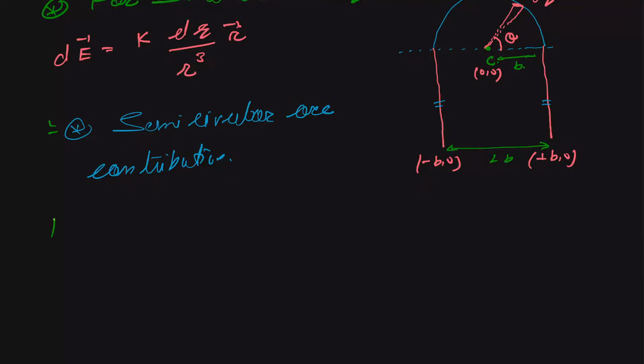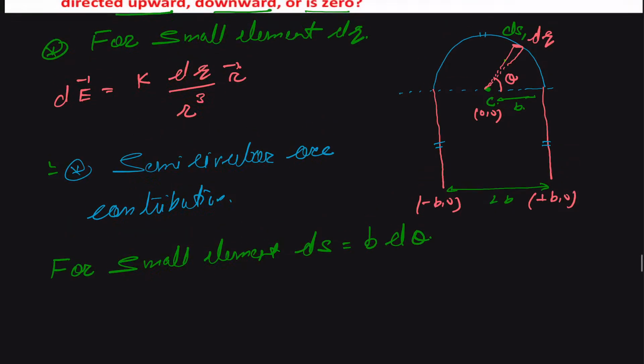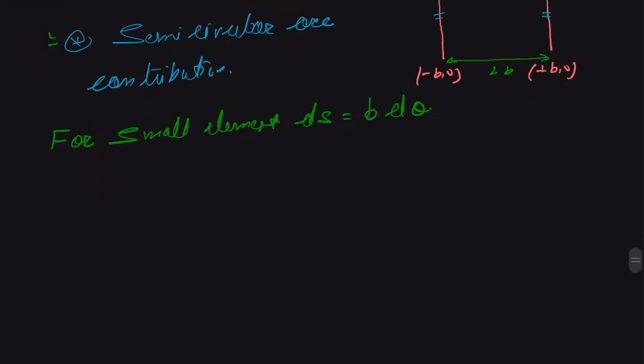So you can say for small element ds, which is at an angle of theta, this ds will be equal to b times d theta. Okay, and d theta is this small angle. And therefore we can furthermore write that the charge of the small element dq will be equal to lambda times b d theta.